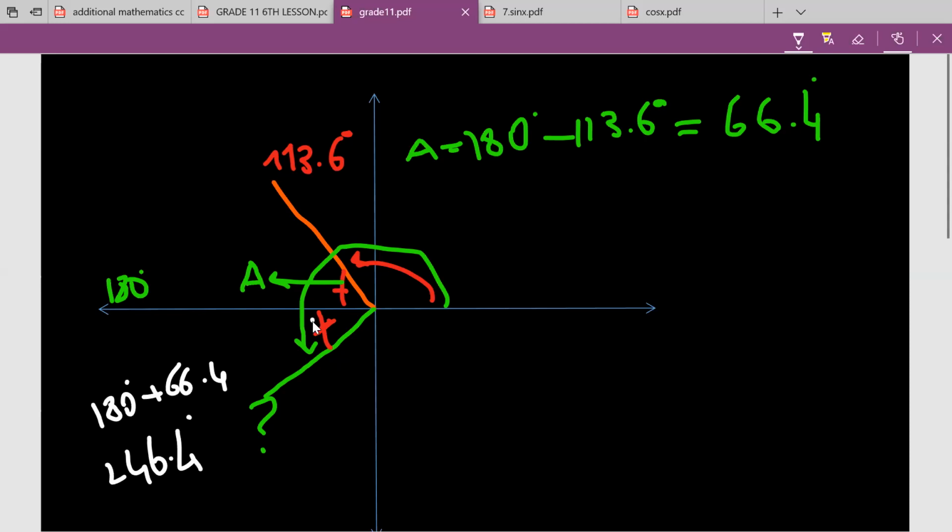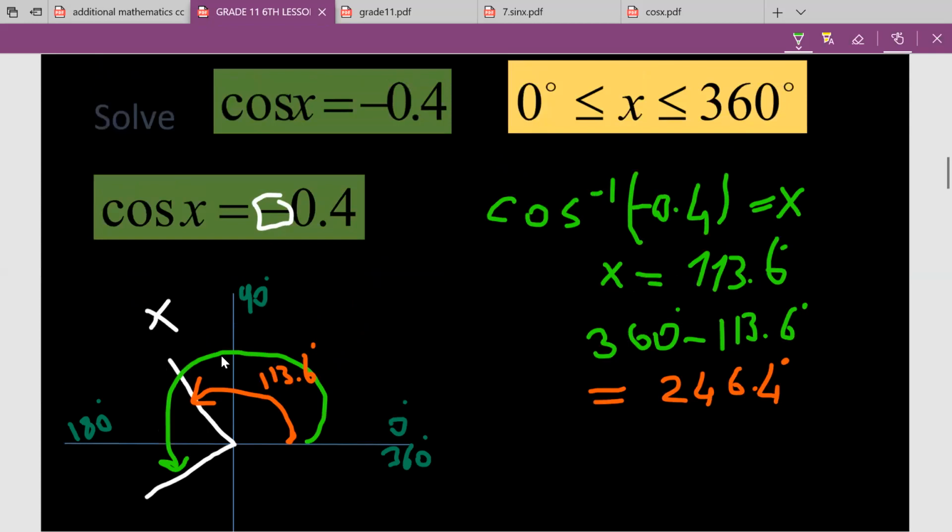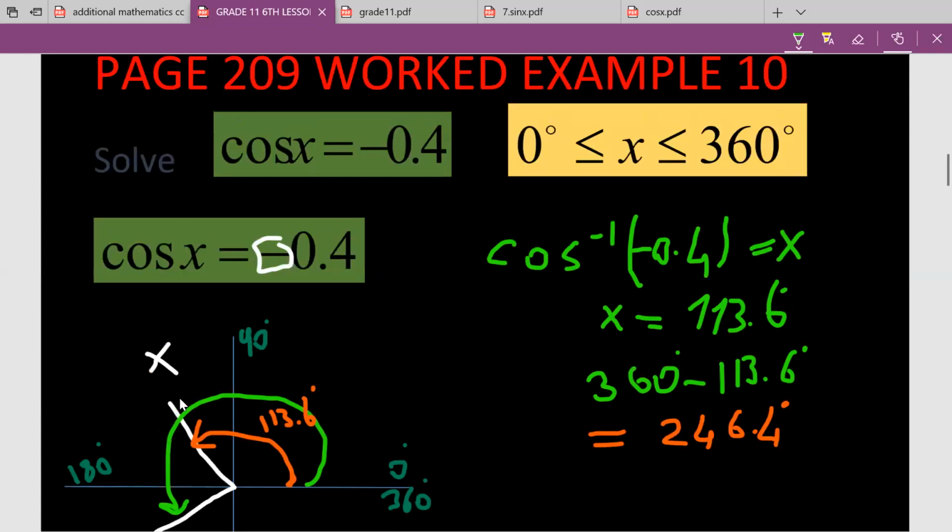So these acute angles we found, we call A and A. Value of A equals 66.4 degrees, and when you add, you can find the second solution. So when you use the quadrant rule, you have two solutions.